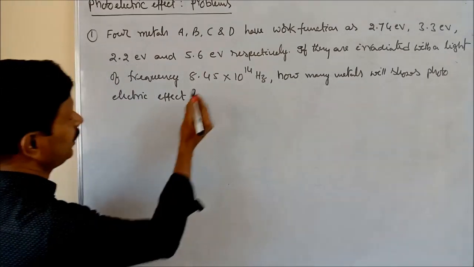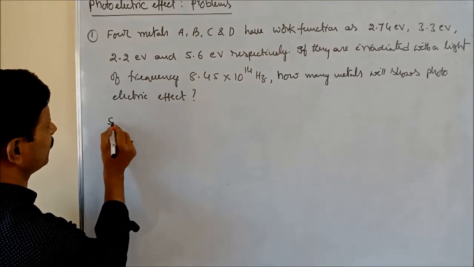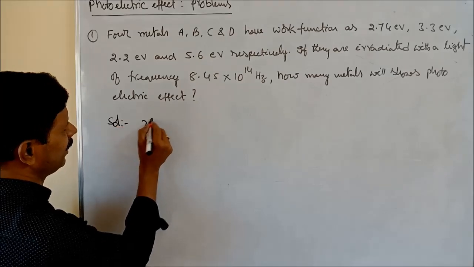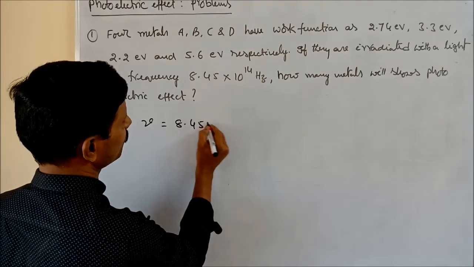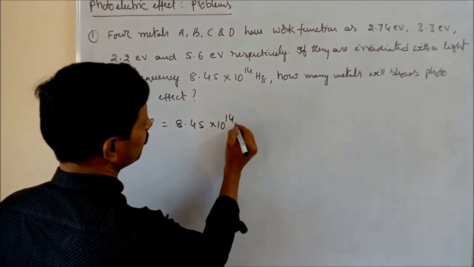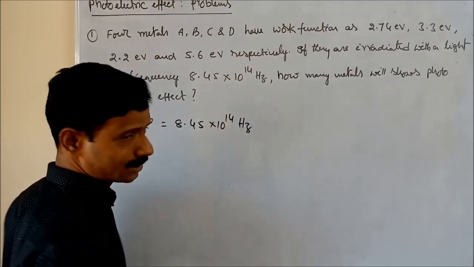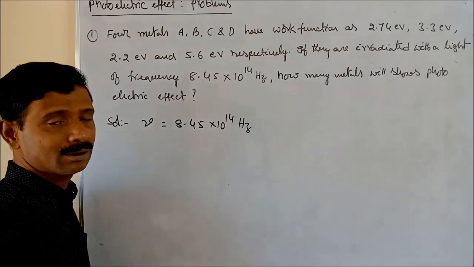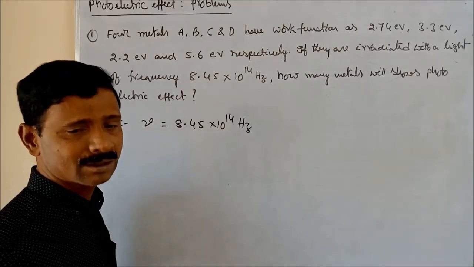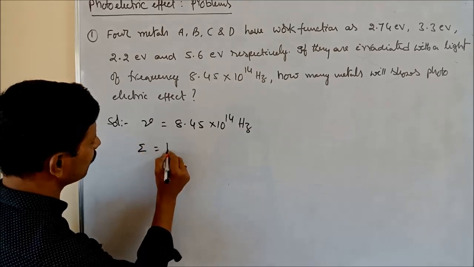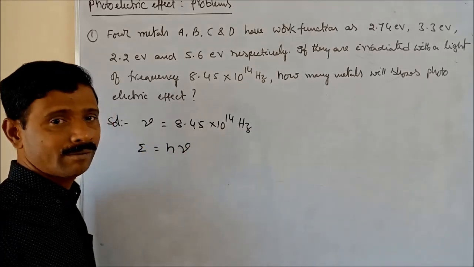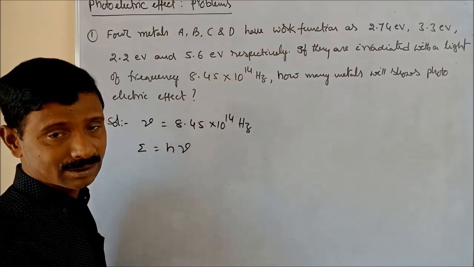For that, the given information, if you observe the solution, is ν equal to 8.45 × 10^14 hertz. Now we have to convert this frequency into energy. For that we have the formula E equal to hν, where h is Planck's constant.